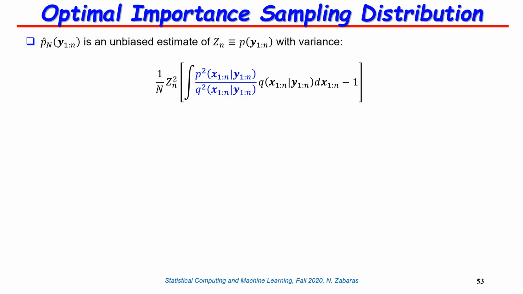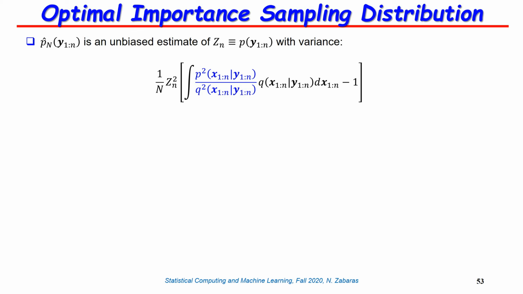Now, if you try to compute the statistics of the normalization approximation for Z, you remember there we did nothing else but standard Monte Carlo approximation. So the variance of the approximation, Z bar of N, if you like, will be 1 over N of the variance of the unnormalized weights.